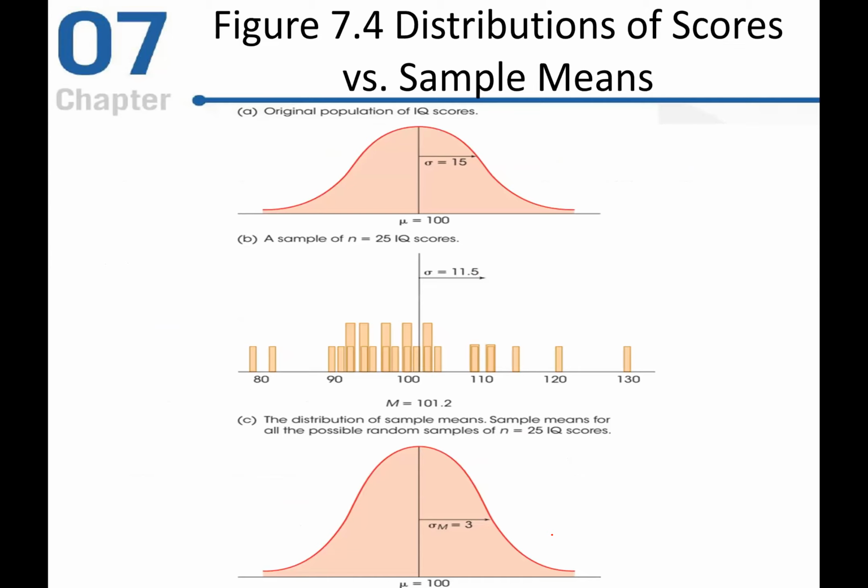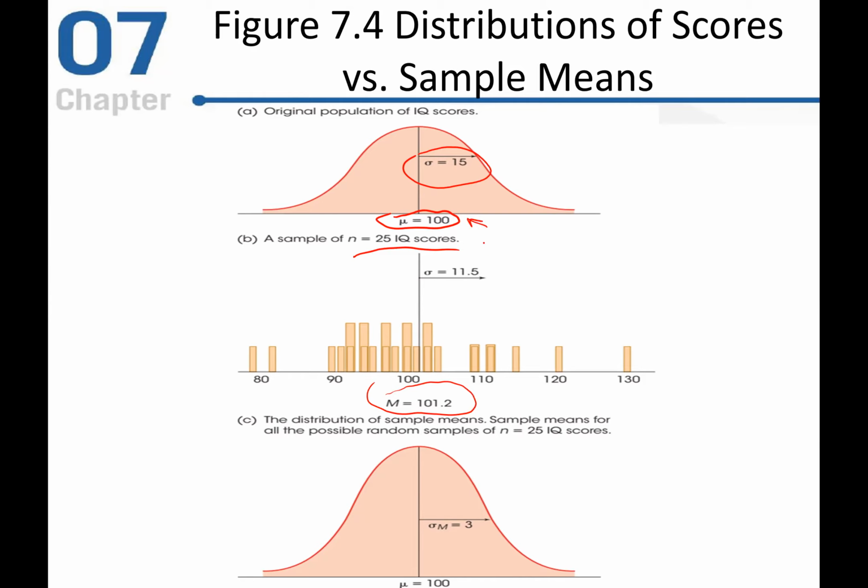All right, so the distribution of scores versus sample means. So in the original population of IQ scores, the population mean is 100 and the population standard deviation equals 15. So let's say we took a sample of 25 IQ scores. Because of sampling error, the sample mean is 101.2, which is different from the population mean.